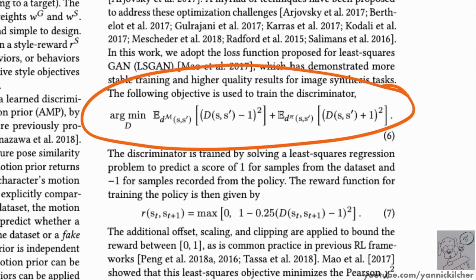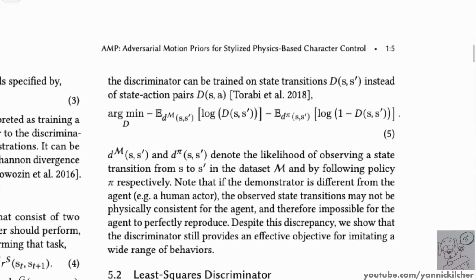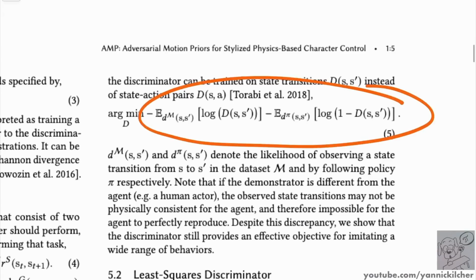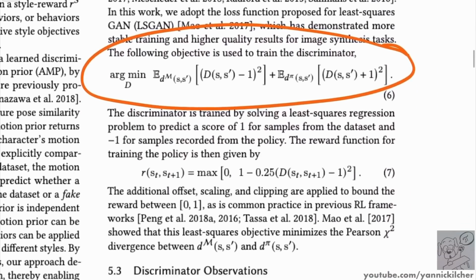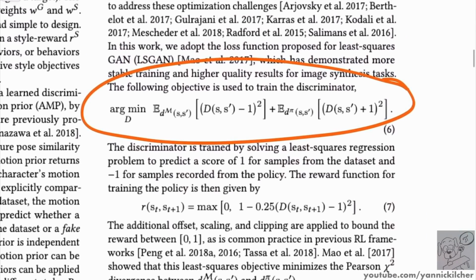They do use a square loss for the discriminator instead of a classic GAN loss. So the classic GAN loss would be this thing up here, where it's log D minus log 1 minus D. Yet they use this square loss, or least squares loss, that they found to work a lot better.